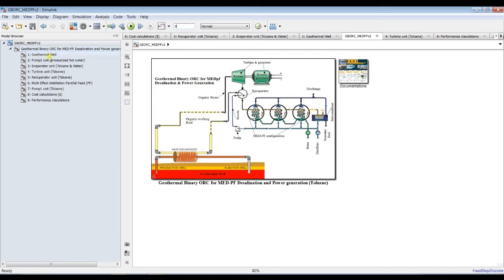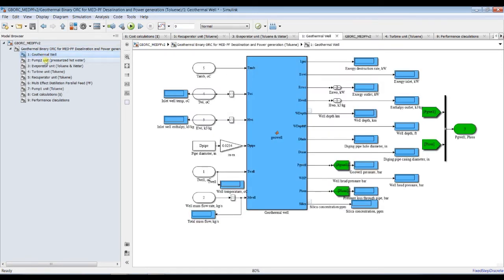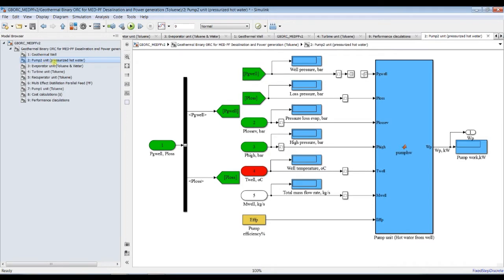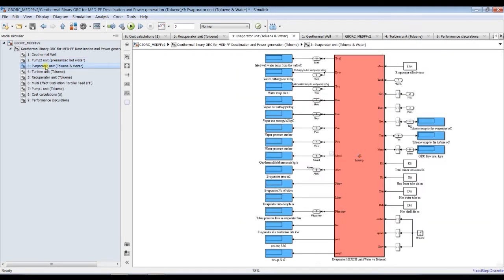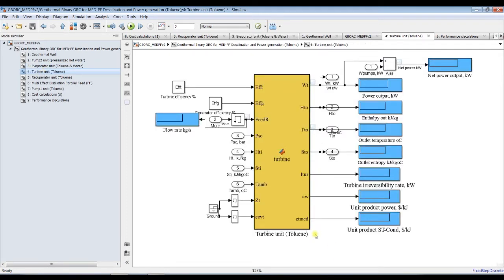It includes a geothermal well and a pumping unit, which is responsible for geothermal pumping. The evaporator, a boiler heat exchanger, acts as an intermediate unit between toluene and water steam from the geothermal well. A turbine unit operates on toluene.